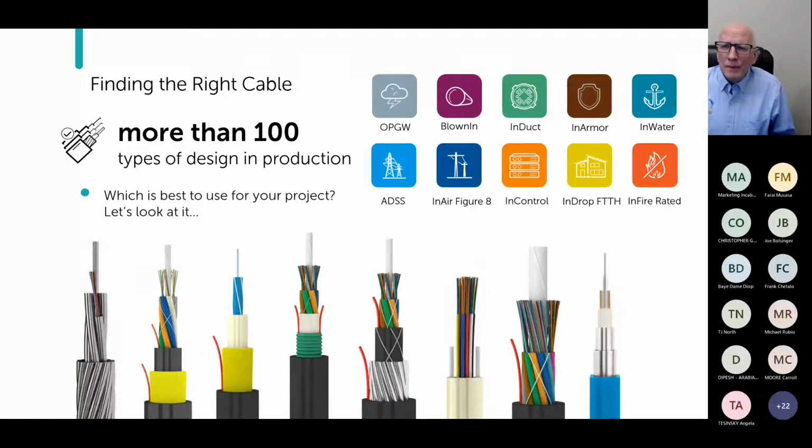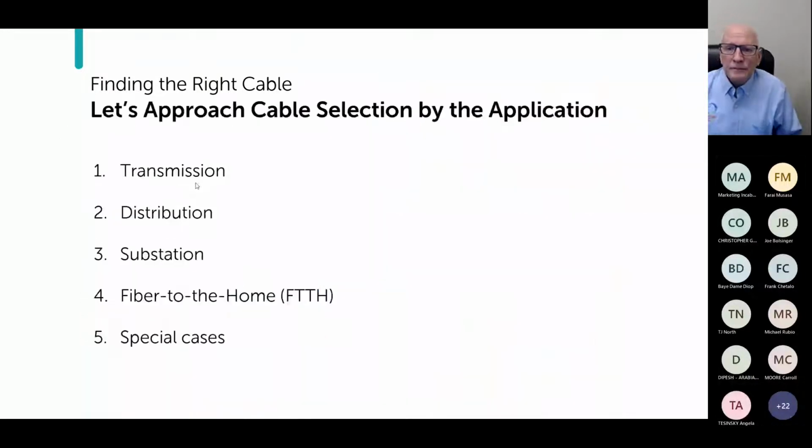So if I'm doing a transmission line, what's the cable I should start with? And then how do I drill down to the specific cable? So if I've decided to use a cable type like OPGW, how do I then drill down and find the specific OPGW design that I want to use? That's the subject of today's presentation.